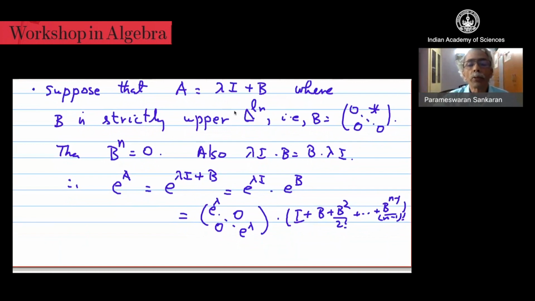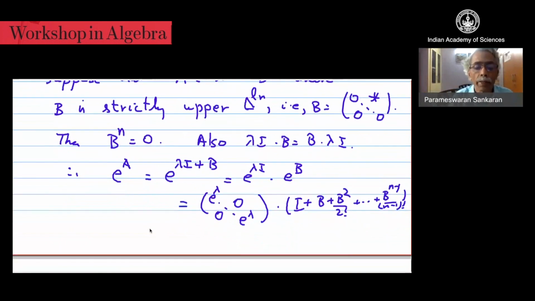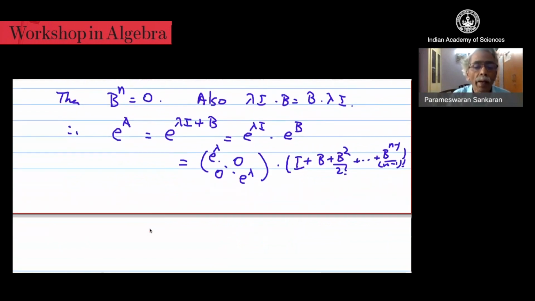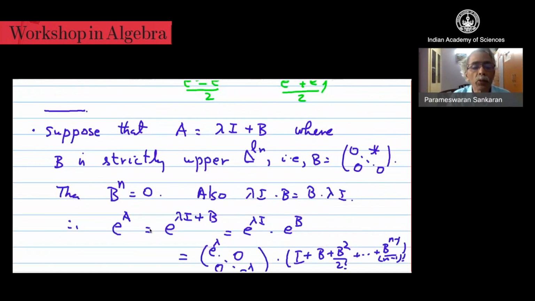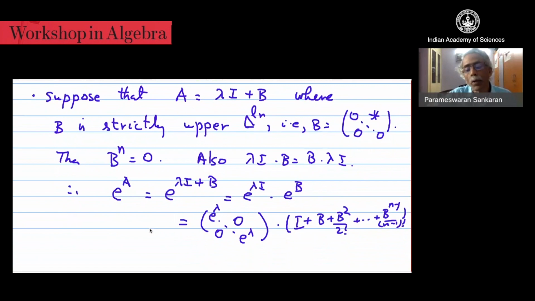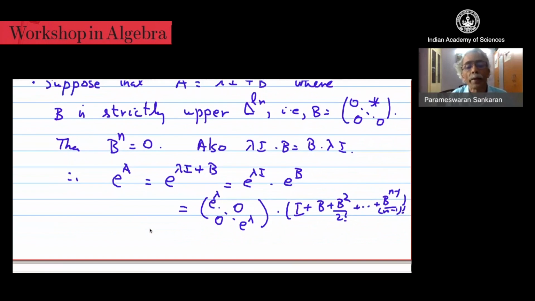You know how to compute for these, and distinct Jordan blocks commute, so it's a simple matter to compute the exponential of A. I hope I have convinced you that in principle you can reduce the calculation to some simple polynomial type calculation after you put your matrix in upper triangular form, which you can always do over complex numbers. Over real numbers you may not be able to, but over complex numbers you can always do it.